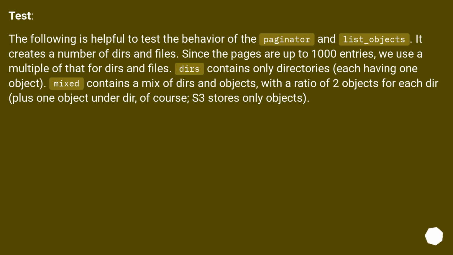Test. The following is helpful to test the behavior of the paginator and list_objects. It creates a number of dirs and files. Since the pages are up to 1000 entries, we use a multiple of that for dirs and files. Dirs contains only directories, each having one object. Mixed contains a mix of dirs and objects, with a ratio of 2 objects for each dir, plus 1 object under dir.